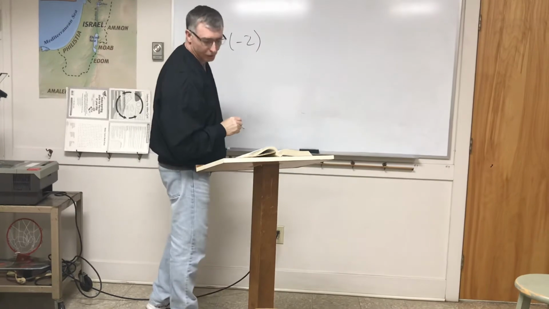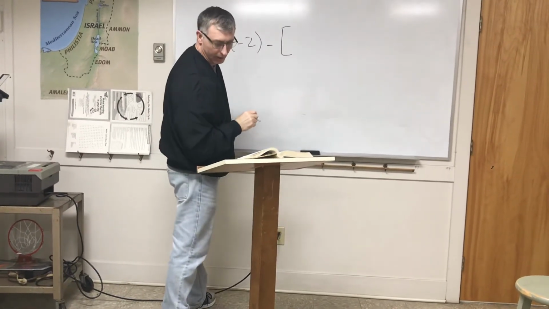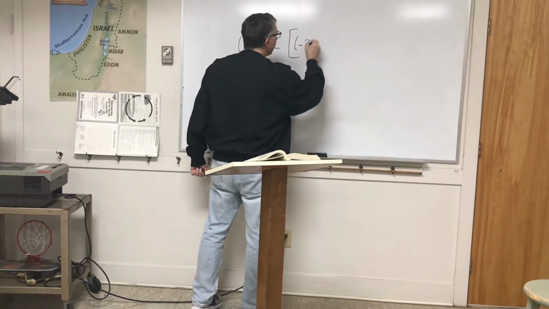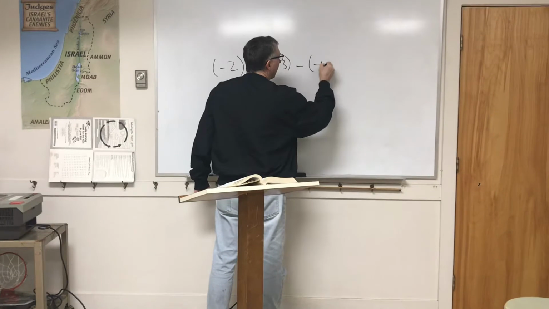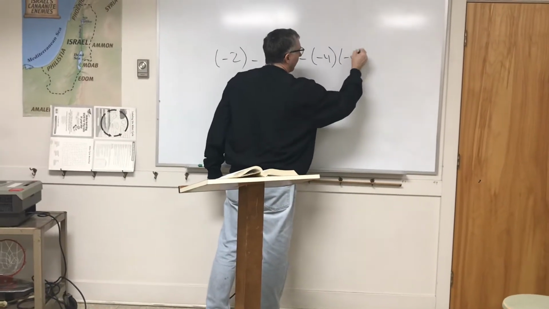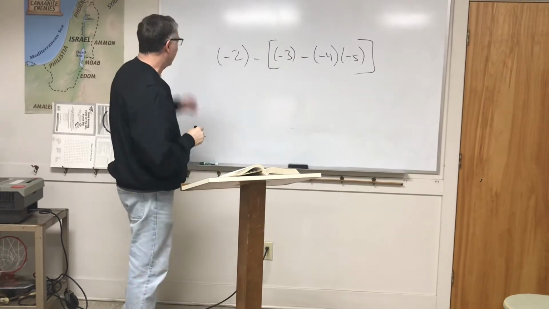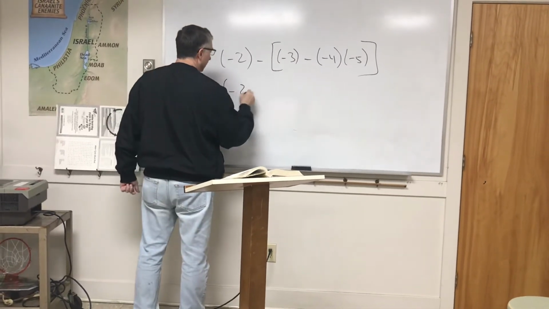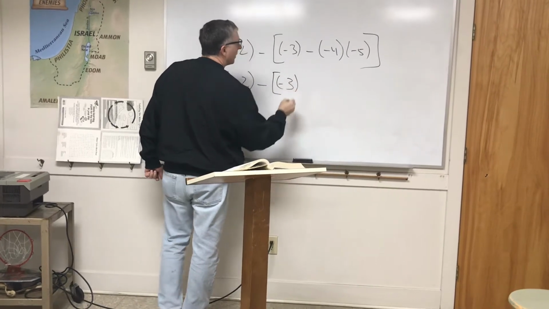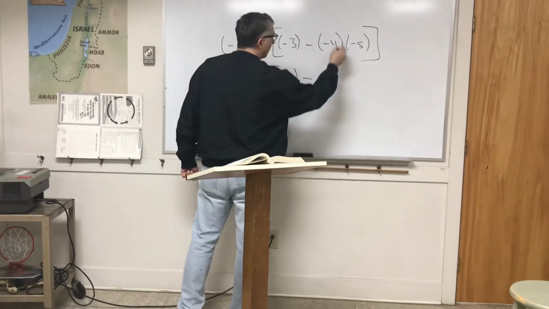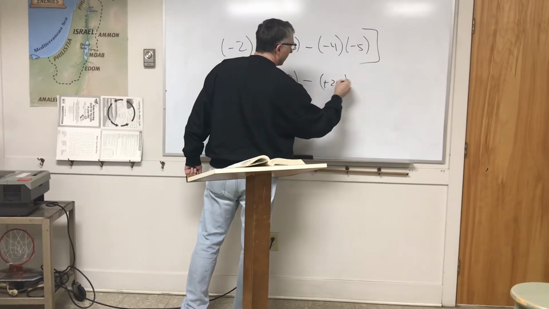So again, a -2 minus, then in brackets we have -3 minus a -4 and a -5. Okay, so again, step by step. These two multiplied would give us a +20.